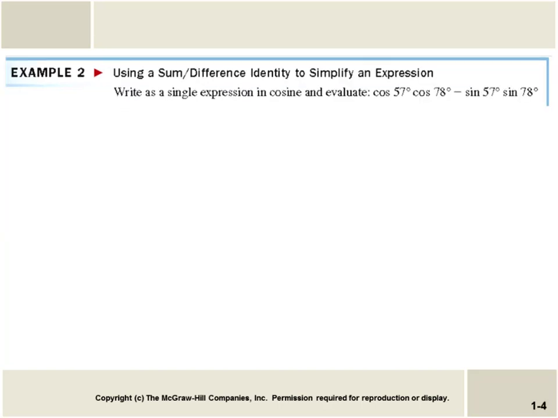Okay. So now let's do this problem. It says write this as a single expression in cosine and evaluate: cosine 57, cosine 78, minus sine 57, sine 78. So how do I do this? Anybody?